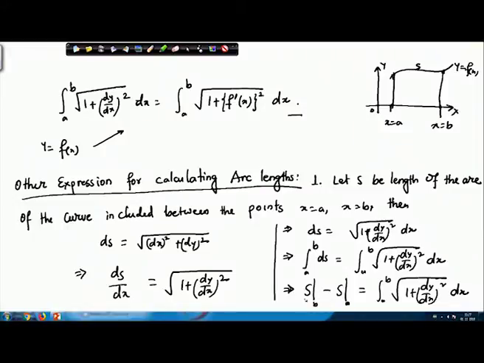So this is basically the arc, which we can call AB. So the length of the arc AB equals this formula, and we can see that the calculation for the arc length, which is s, can be given by this formula.